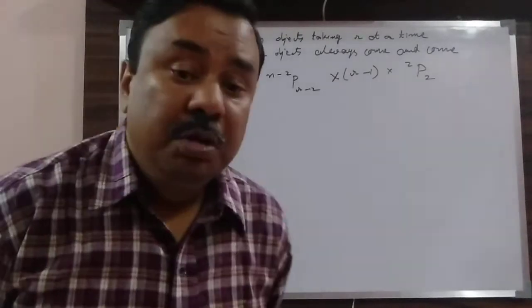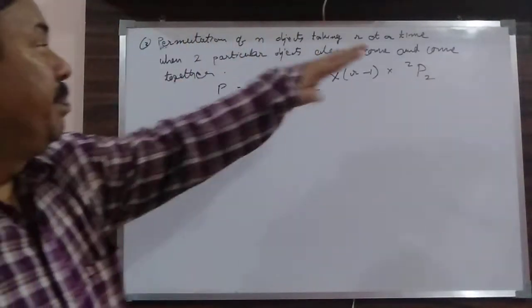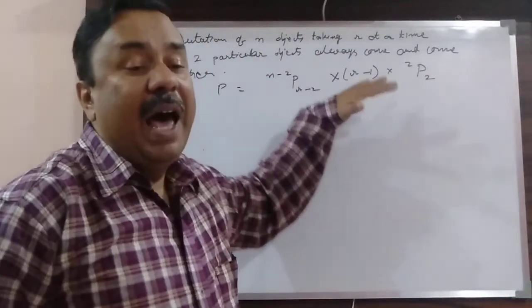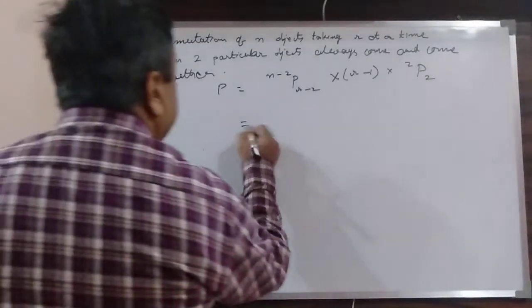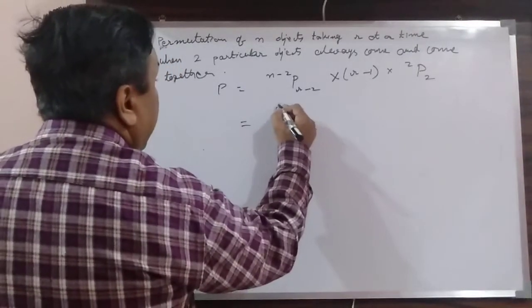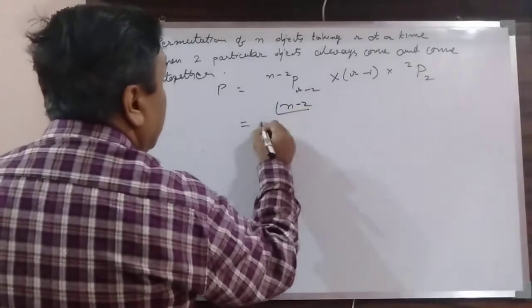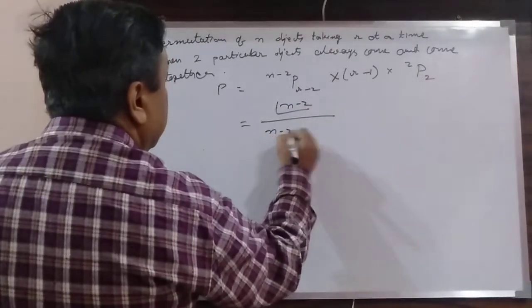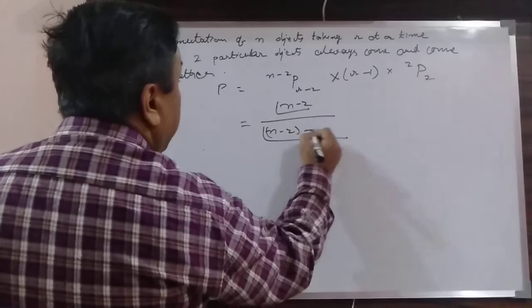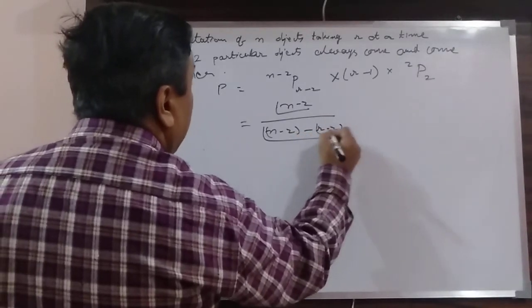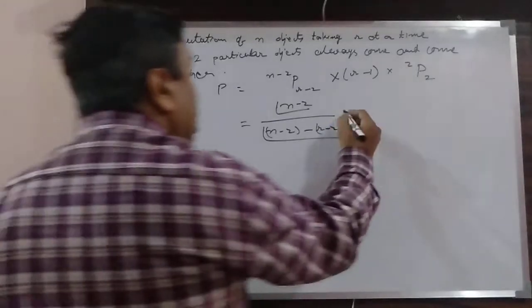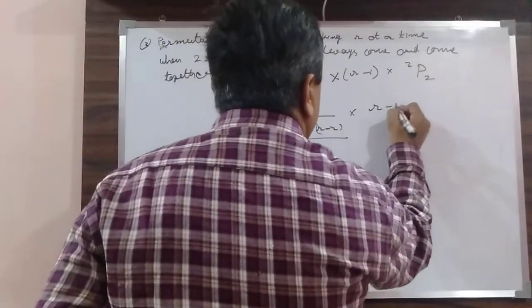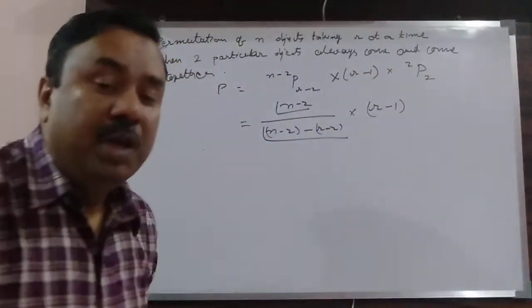Now my job is to just simplify this expression as far as possible. The first thing says factorial of n minus 2 divided by factorial of n minus 2 minus r minus 2. Second thing is just r minus 1.